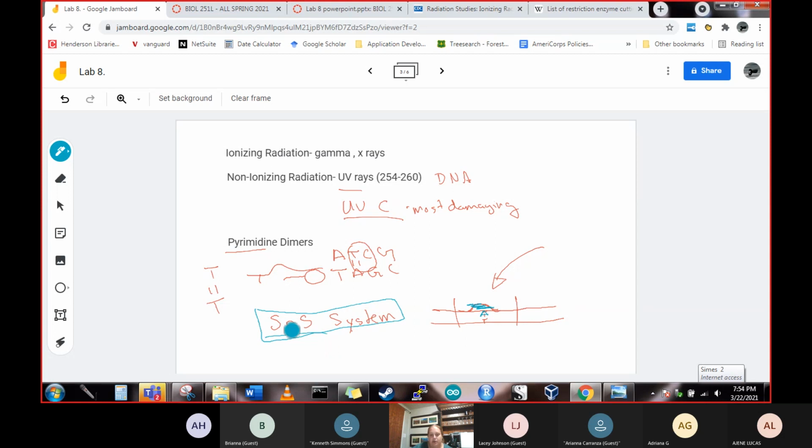So there are different things: the amount of time of exposure, the level of barriers that exist, the wavelength of the UV, and the different types of bacteria having different levels of susceptibility. I think there's a slide that talks about the different impacts that UV has on cells, the different factors that go into how damaging UV is going to be. So make sure you look at those. But just know it's this SOS system that is repairing that UV damage.